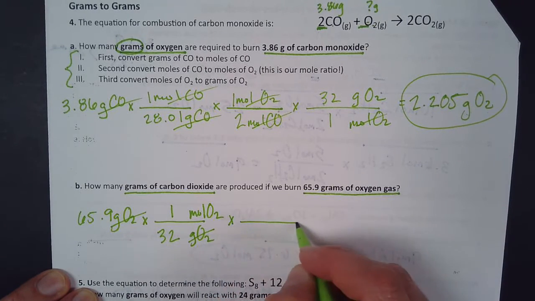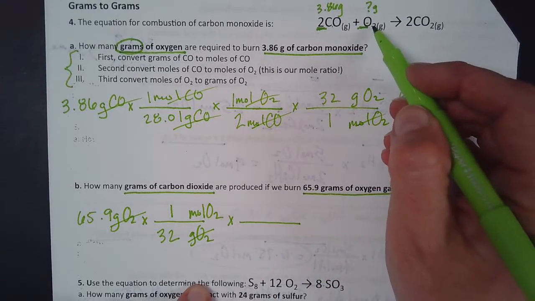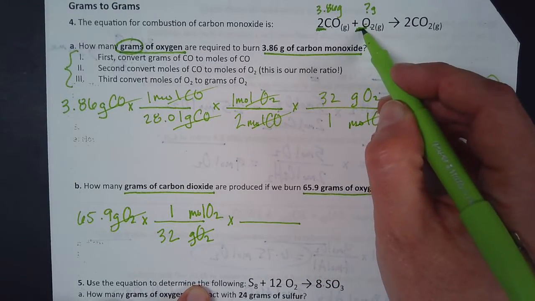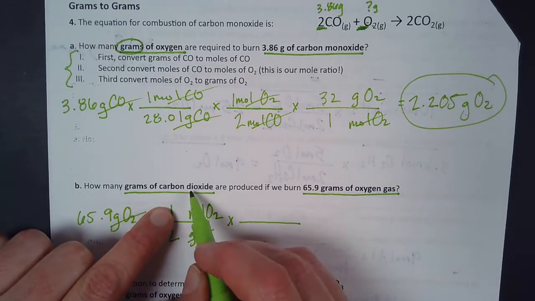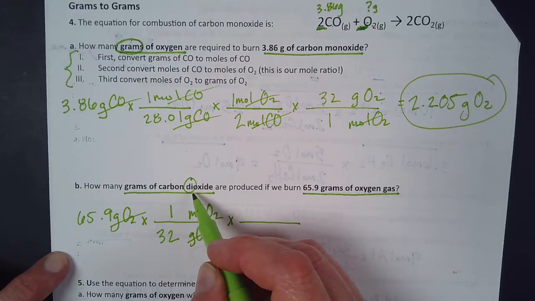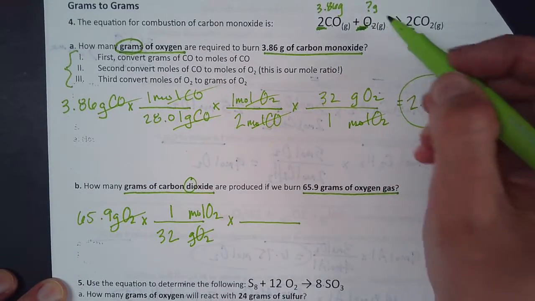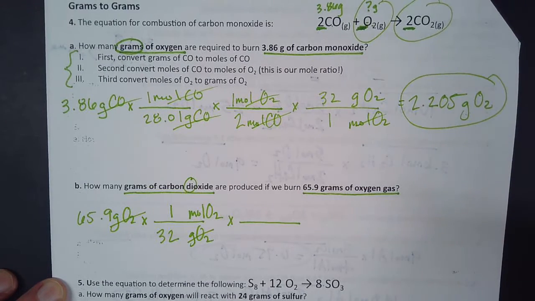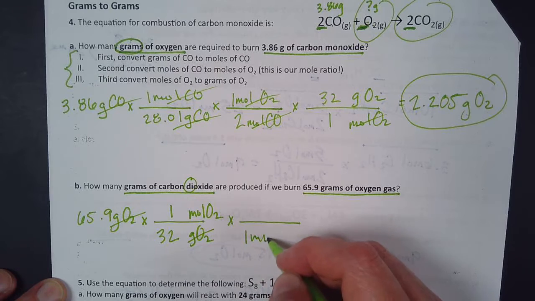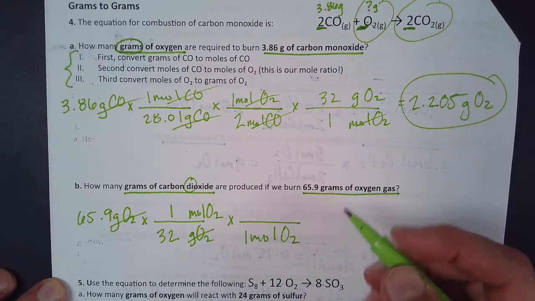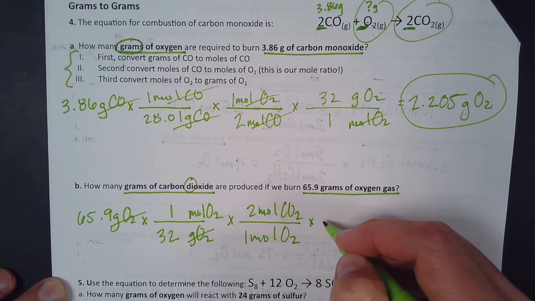And then we need to do our mole ratio. So we look up here, and we know that we have 1 mole of O2 for every, this time we want carbon dioxide. You see how there's a di right there too? So we want 2 moles of CO2. So we want 1 mole of O2 and 2 moles of CO2.